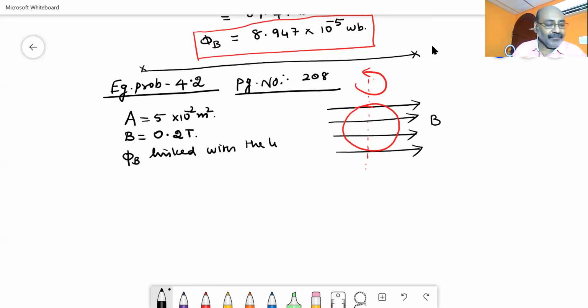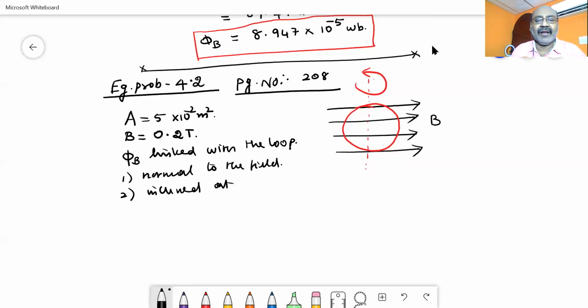Number 1, loop normal to the field, that is, when the plane is kept perpendicular to the field. Number 2, inclined at an angle, inclined at 60 degrees to the field. Then the third one, parallel to the field.